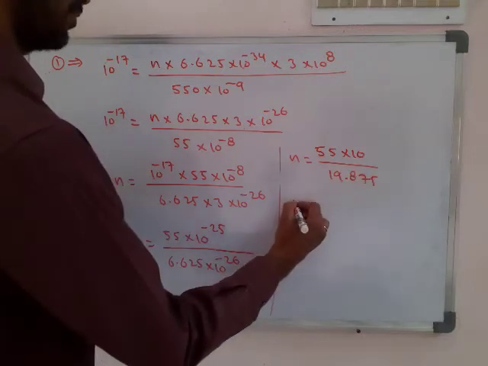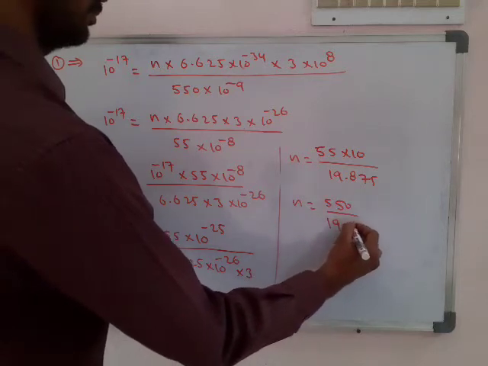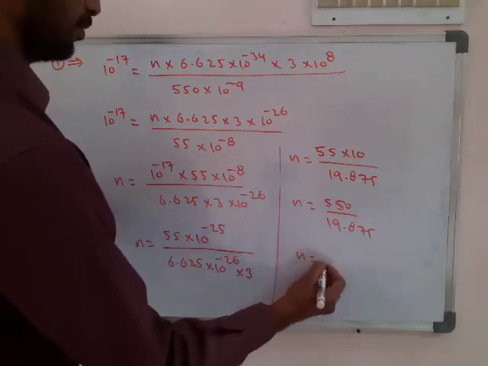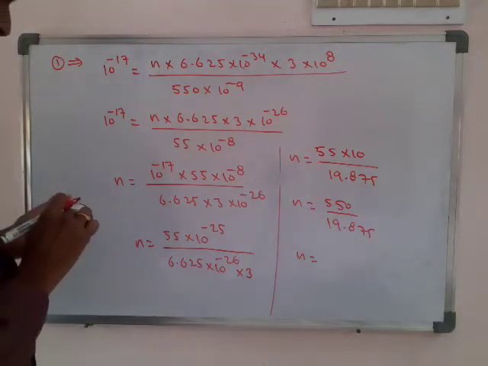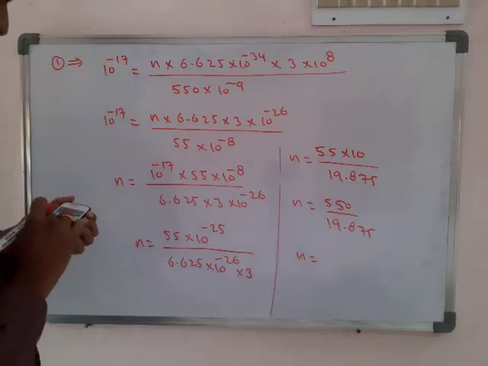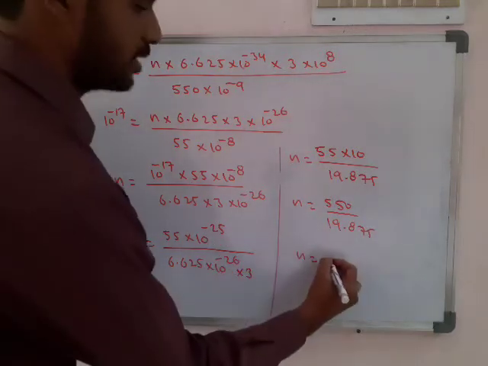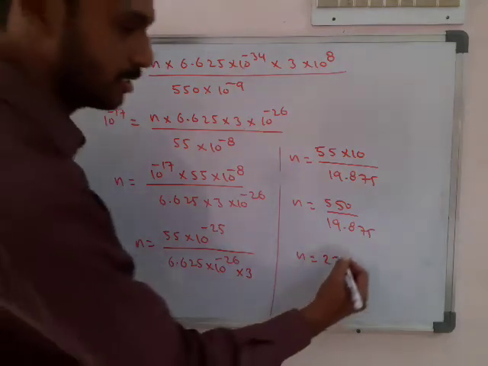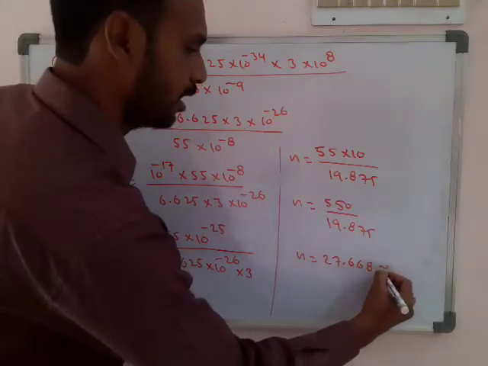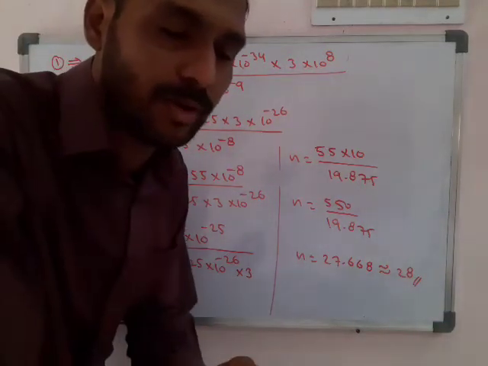So let's make it, and finally we will get approximately 27.66 something, so approximately we can write it as 28, means the number of photons required of green light.